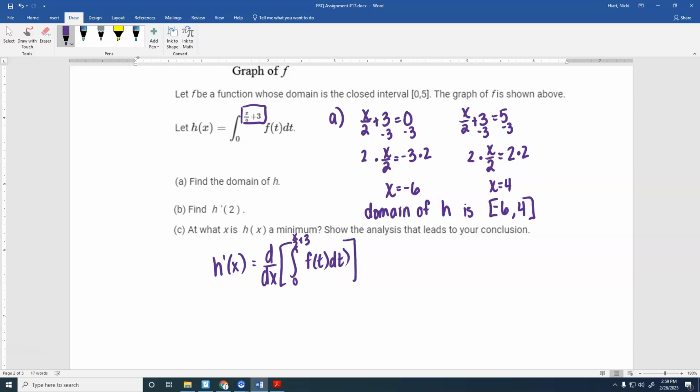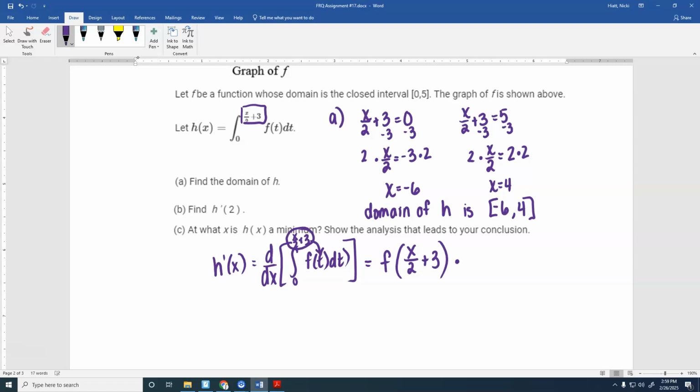And what happens when I take the derivative of an integral? Okay, plug the top stuff in for your t. The derivative and the integral cancel each other out, so we would just have f of x over 2 plus 3.